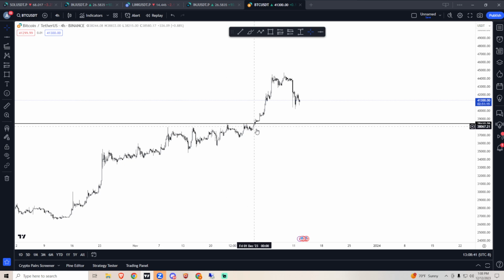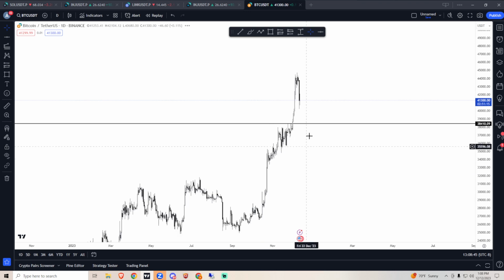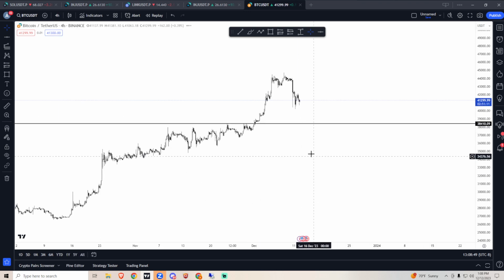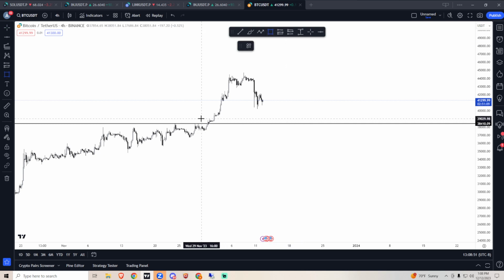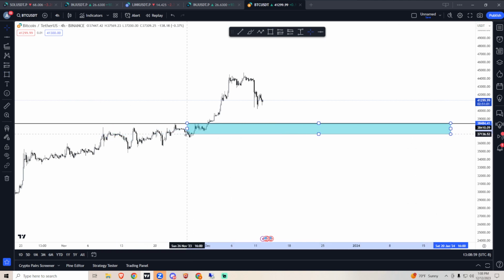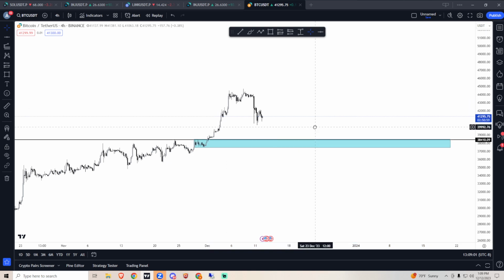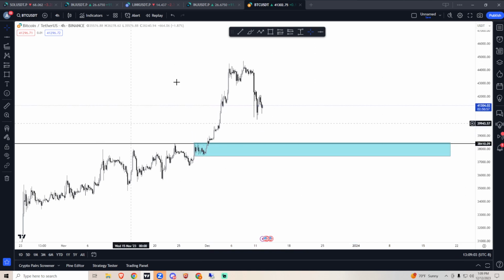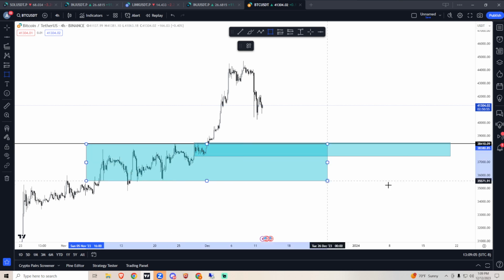Right? Previous range highs, we broke out, flipped it on the day. On the daily, we haven't flipped it to support. Right? We just broke out. On the 4-hour, we have. Okay? We also have demand zone. Right? We have multiple, but this is an area that needs to hold, in my opinion.